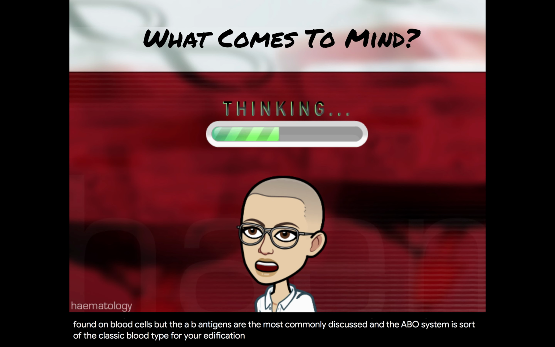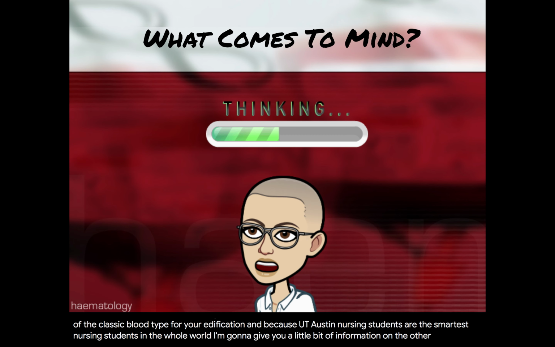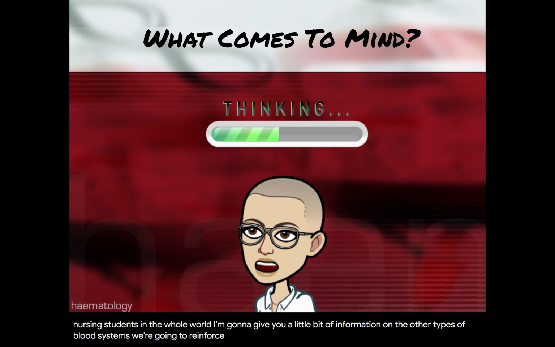For your edification, and because UT Austin nursing students are the smartest nursing students in the whole world, I'm gonna give you a little bit of information on the other types of blood systems. We're gonna reinforce key genetic concepts in doing so, and that's really gonna be our focus.